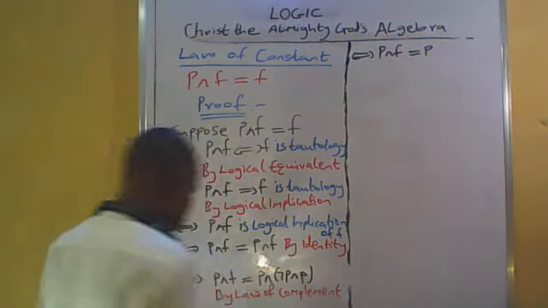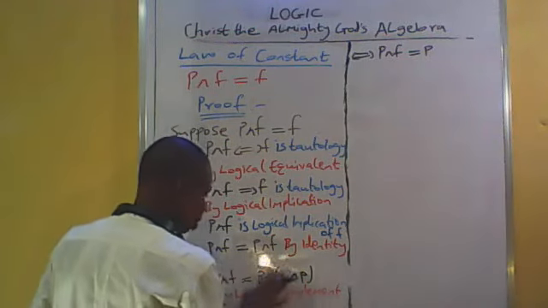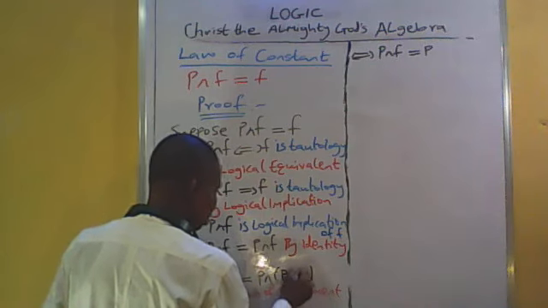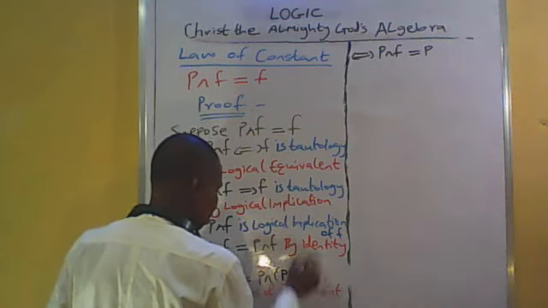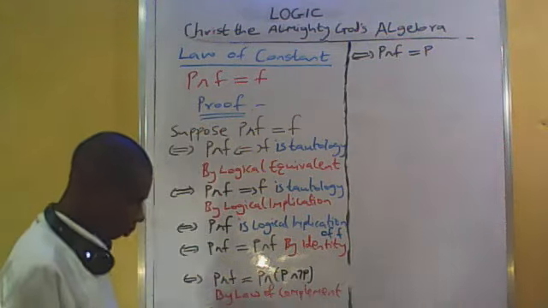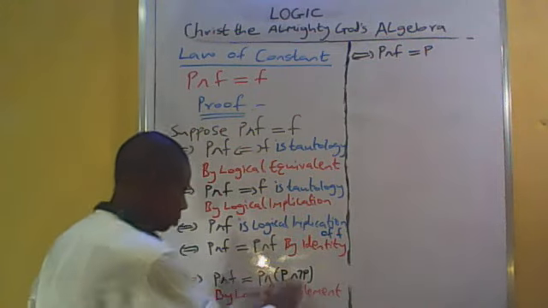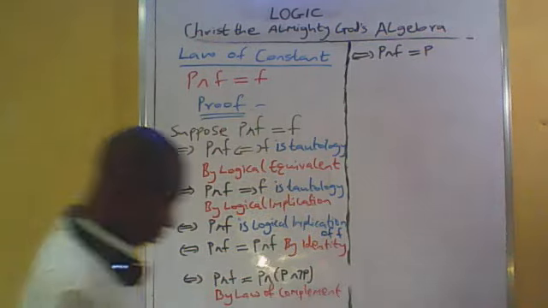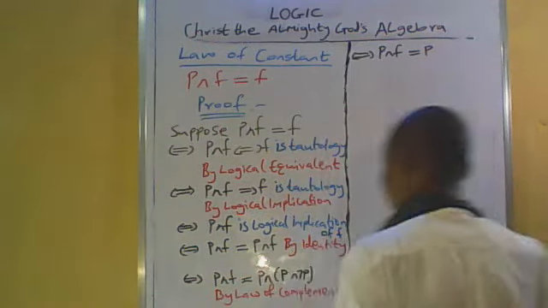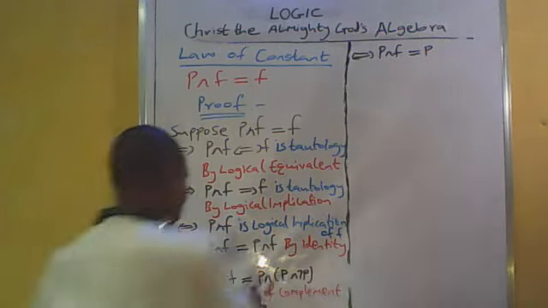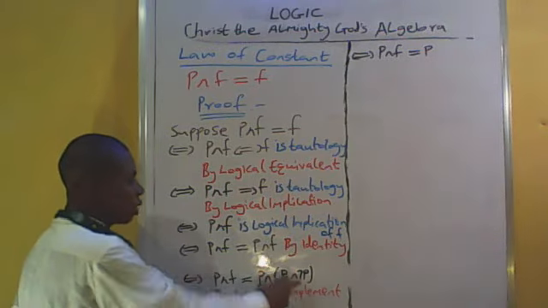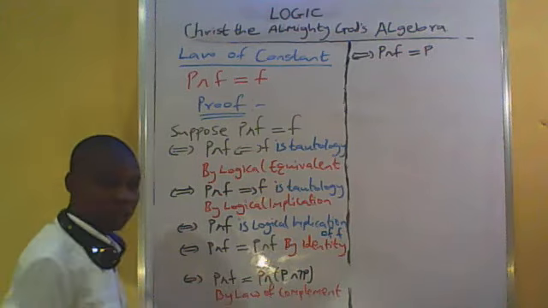So let us interchange it to be P and P, the same thing, by commutativity. So this P and bracket, P and not P, we are going to associate it.